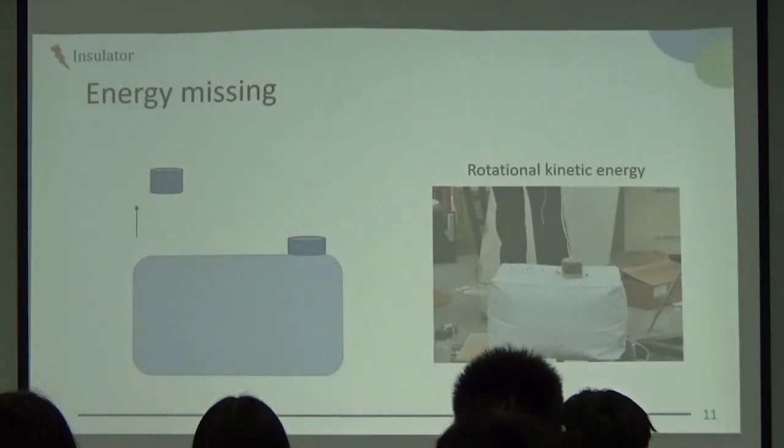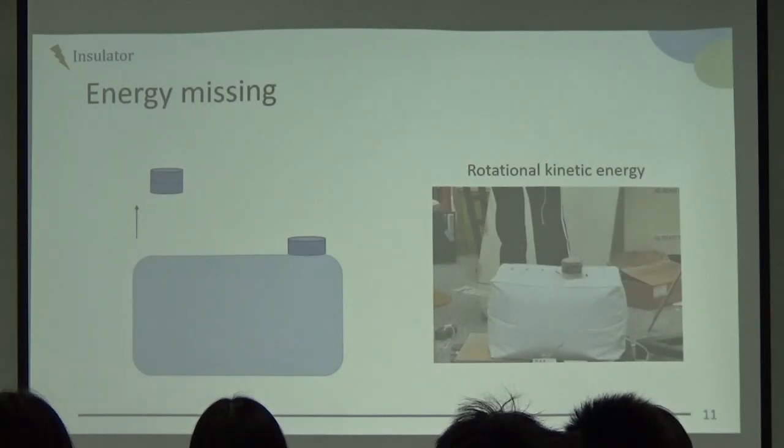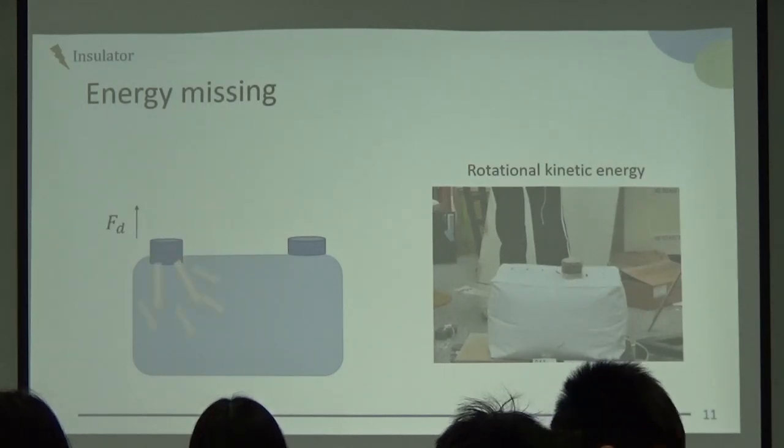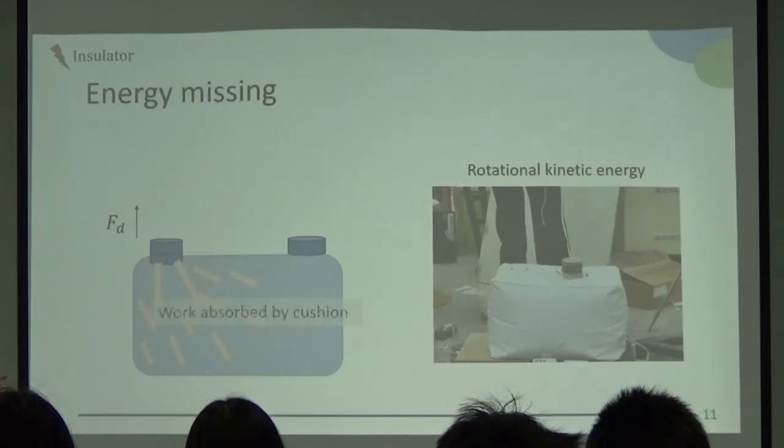Also, before the drop subject is in the cushion, and when in the cushion, the air resistance will collapse, and the air flowing will also move, so there will be some energy loss in the cushion. It will cause work to be absorbed by the cushion, and that will be the energy loss.